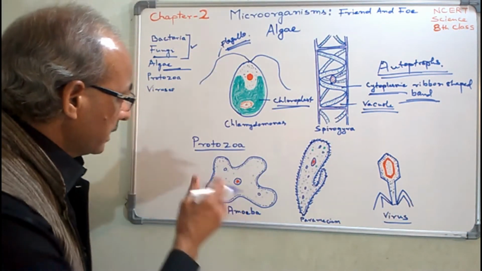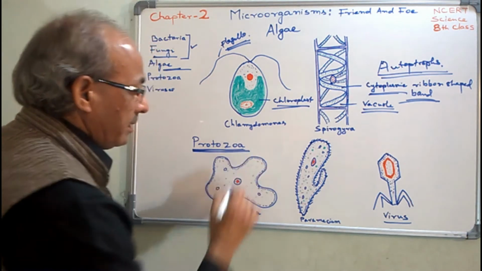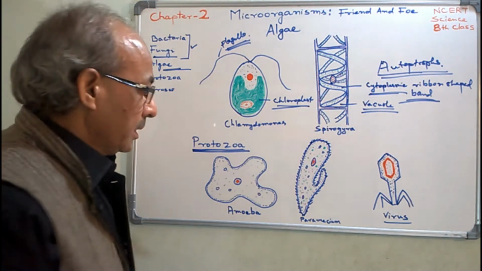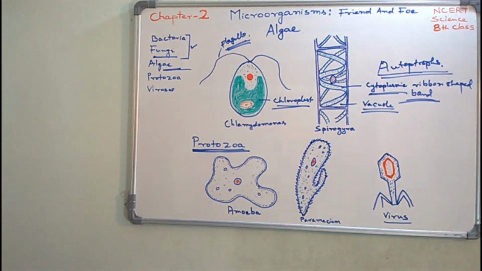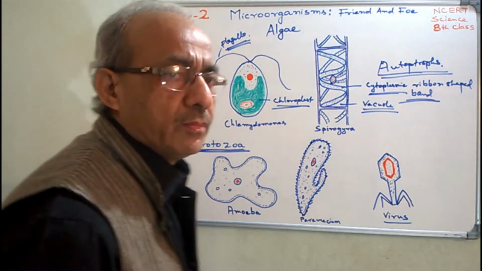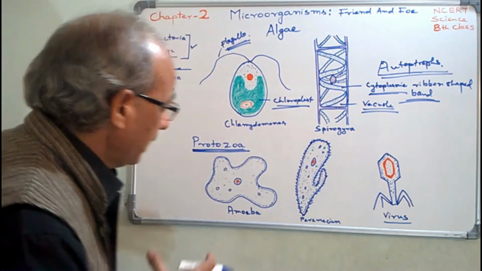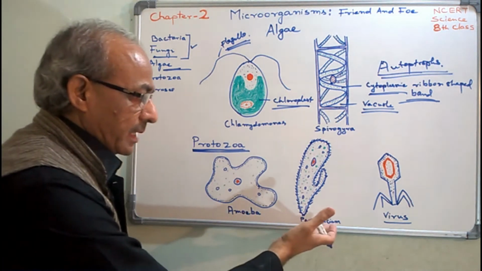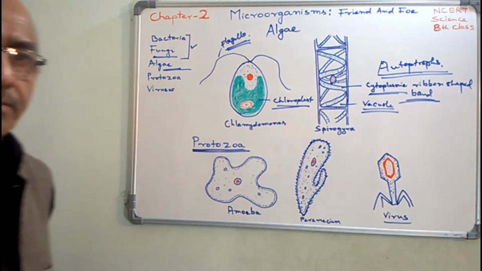Now we'll discuss protozoans. Protozoa belong to the animal kingdom, because their characteristics resemble the animal, so they are kept in the animal group. Here Amoeba and Paramecium are the examples of protozoa.